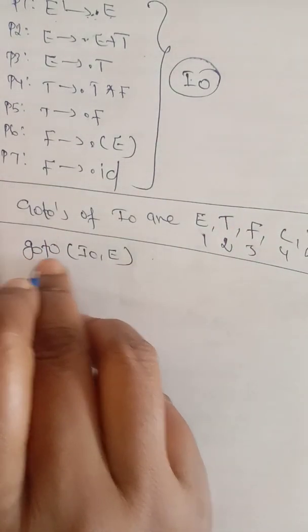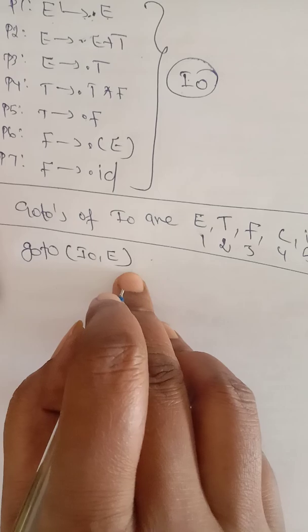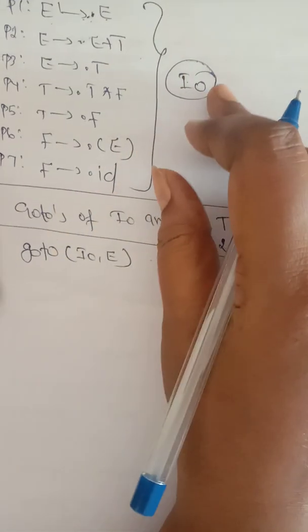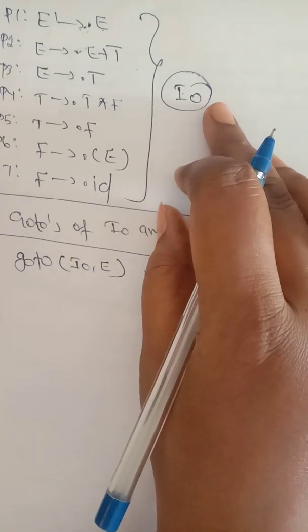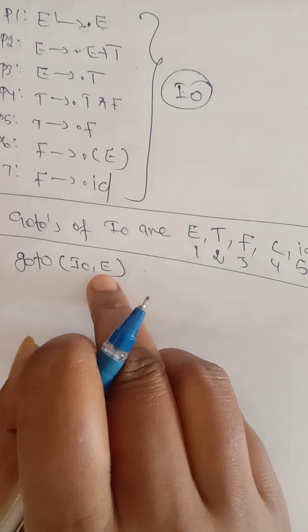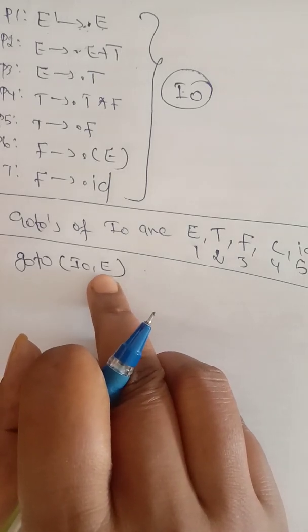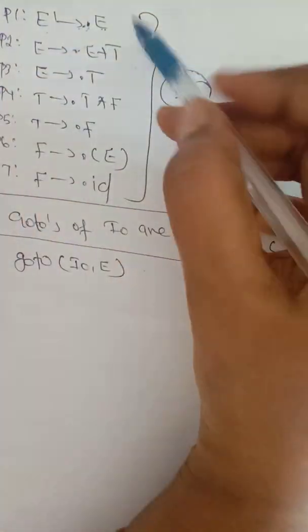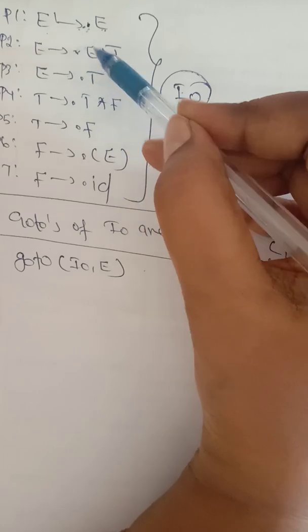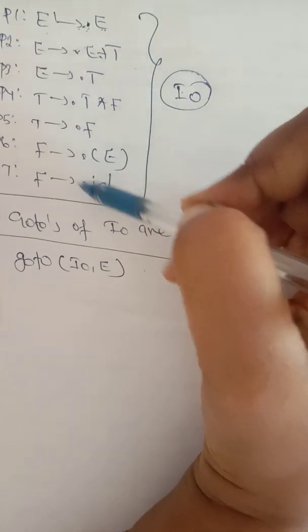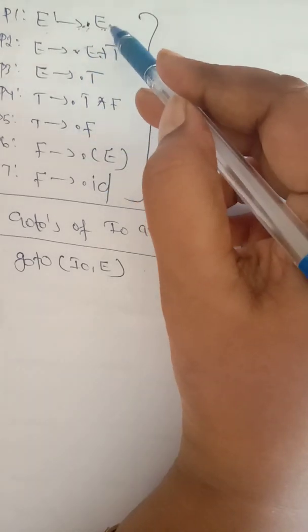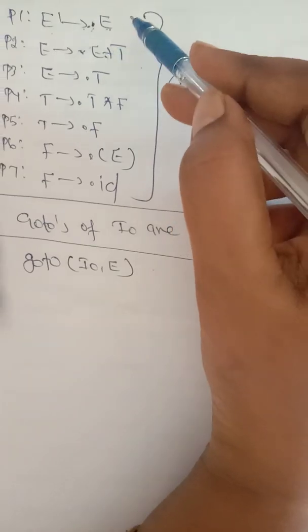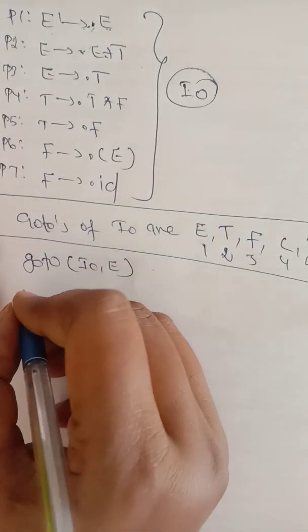So here, go-to I naught comma E means we have to check in I naught where we are having the variable E immediately after the dot operator. Where we are having that: in P1 we are having E, and next in P2 we are having E. The remaining ones we are not having that. So consider the first and second productions. What is the first one?